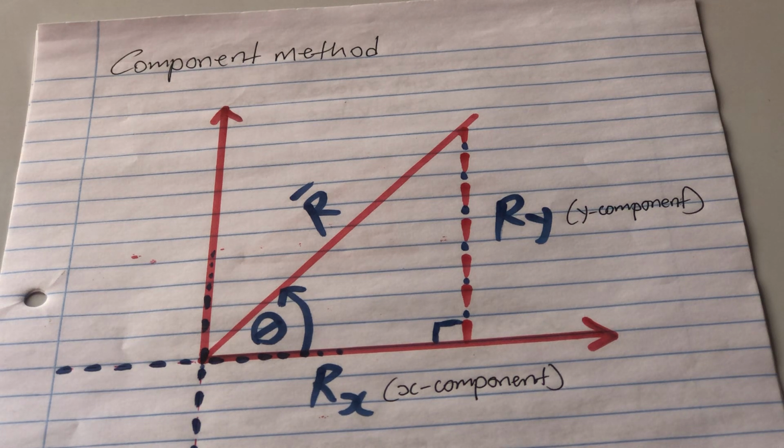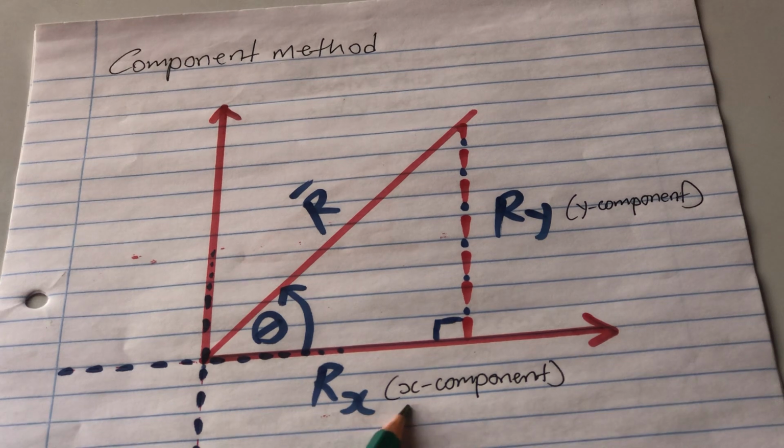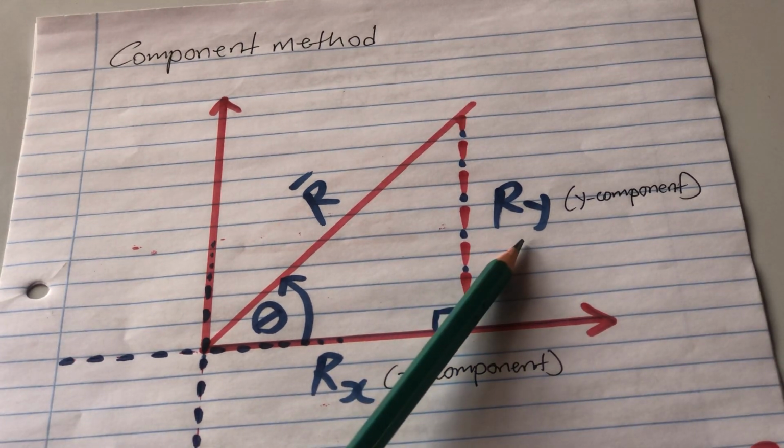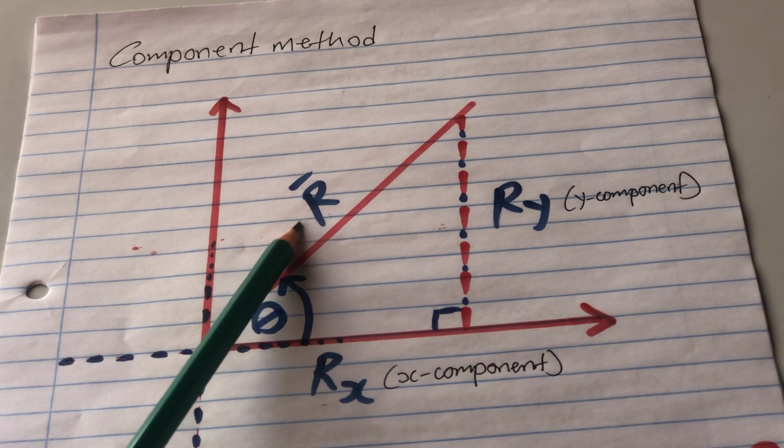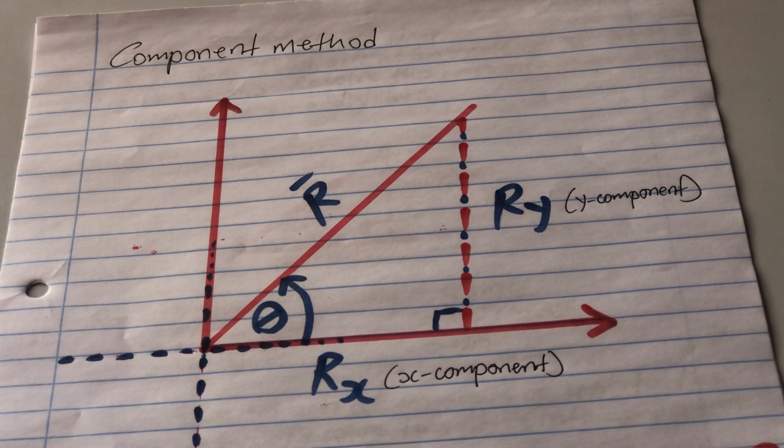You can see that the diagram that I have drawn is a right-angled triangle where you can see the three sides: Rx, which is the x component, Ry, which is the y component, and R, which is the resultant.